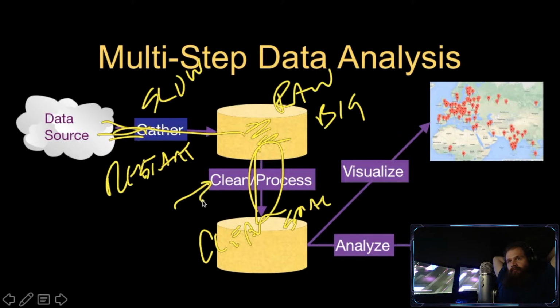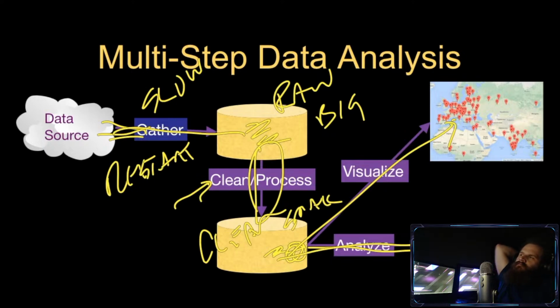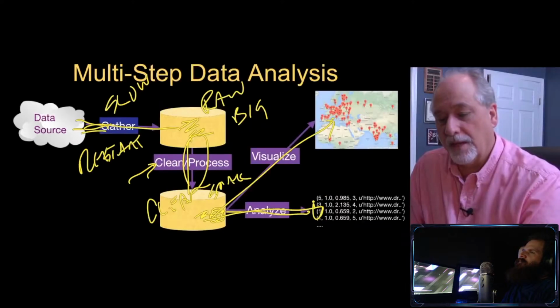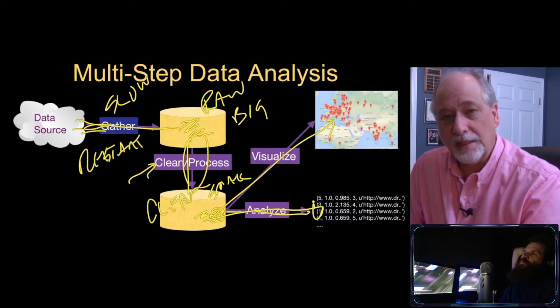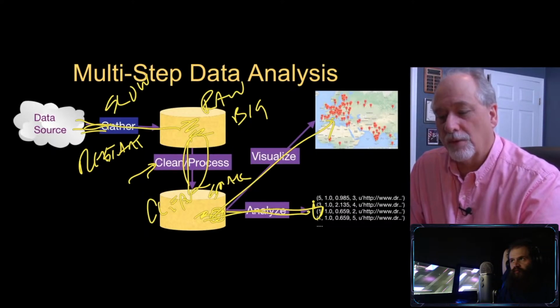And then you'll end up with really clean data, and it's relatively small. And you might run programs that'll loop through this to do visualizations or analysis or some things or whatever. And so you'll actually sort of use this database as a source of information. Okay? So that's the basic pattern of what we're going to work with.